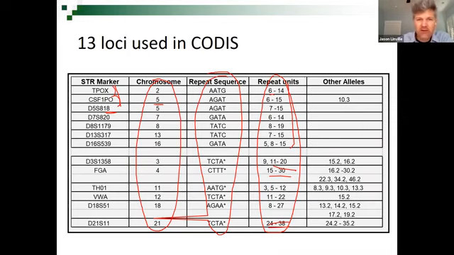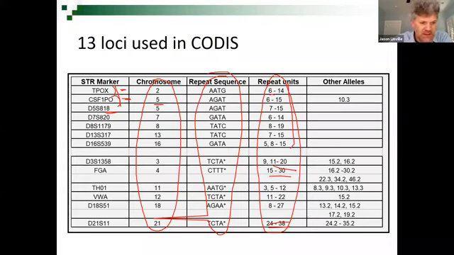What does that mean? It means you can't have 2 STRs right next to each other, because if I have an 8 on TPOX, it means that I'm 90% likely to have a 7 on CSF. It messes up the statistics. So the FBI also picked STRs that were on different chromosomes.